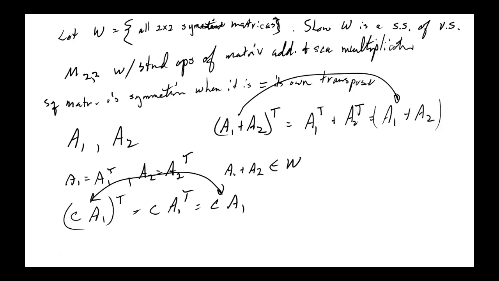Now, here's a generalization: for any positive integer n, the set of symmetric matrices of order n is a subspace of the vector space M_nn with standard operations. The next example describes a subset of M_nn that is not a subspace. So let's go to this one.